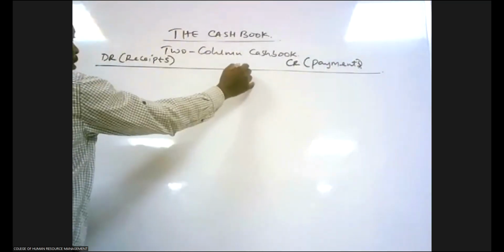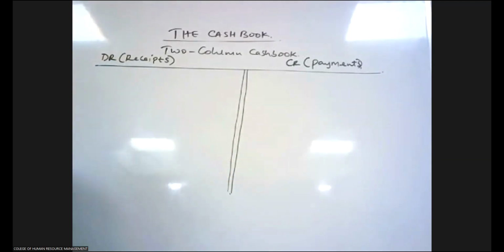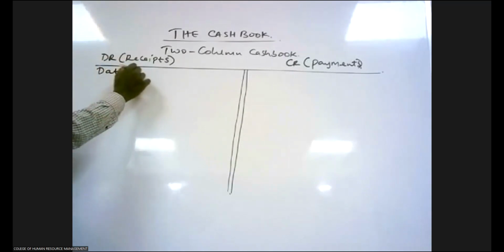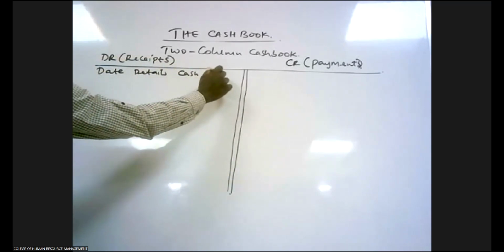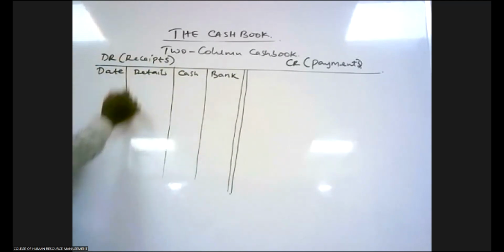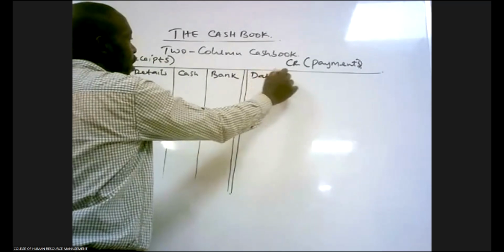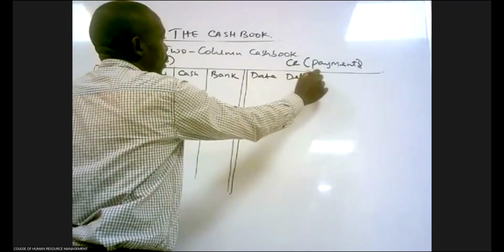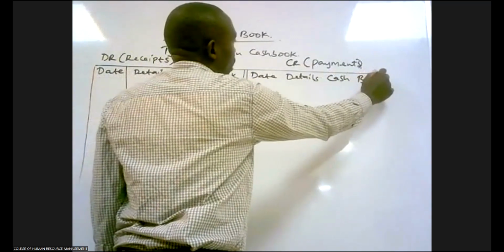So here, I'll divide it into two using double lines like that. On this side, I have the following columns: the date, the details, the cash, and the bank. On this other side, I should have the same columns.